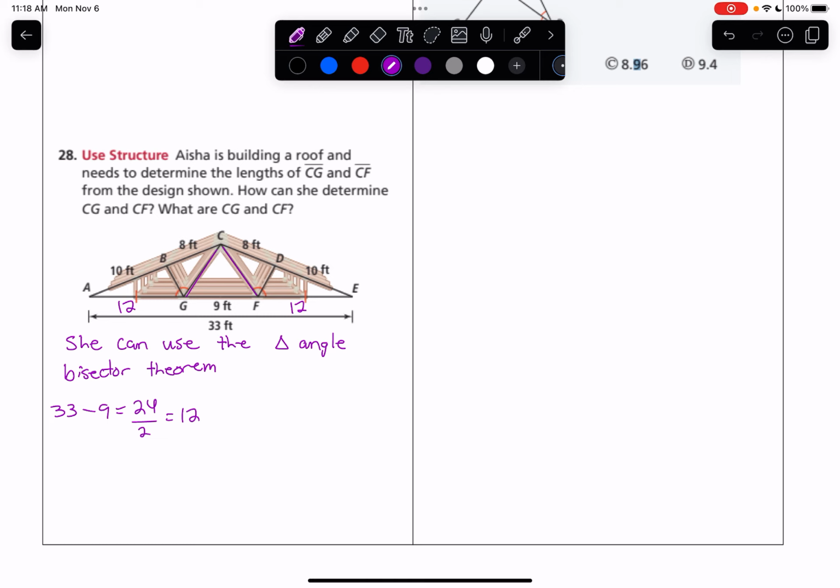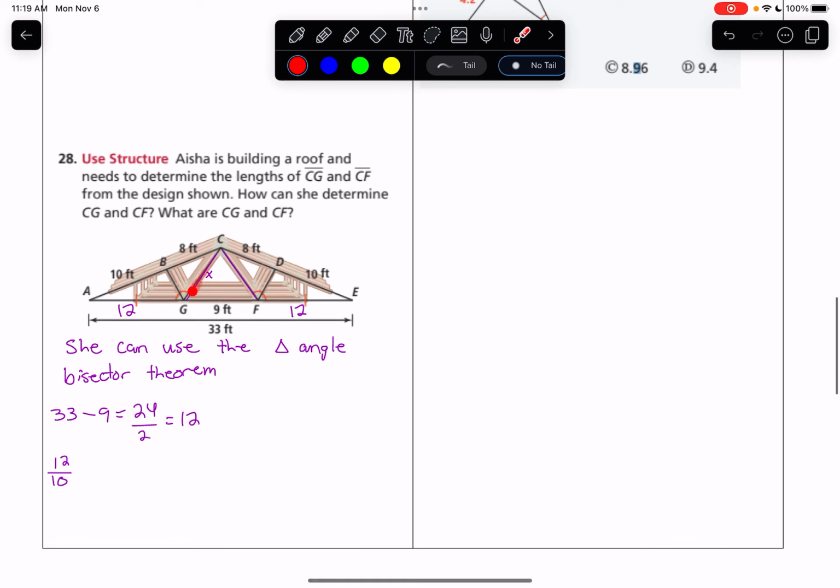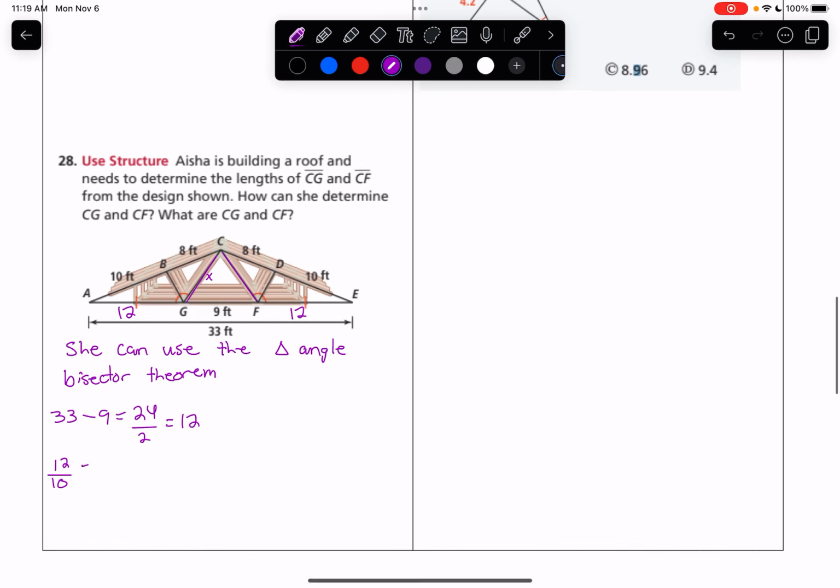Then we can use the side splitter theorem. We'll call CG our x value. And we can say 12 over 10, not the side splitter, the angle bisector theorem. So this side piece over the bisected side is equal to this side piece, x, over the side opposite, which is 8, equals x over 8. And then we will cross multiply.